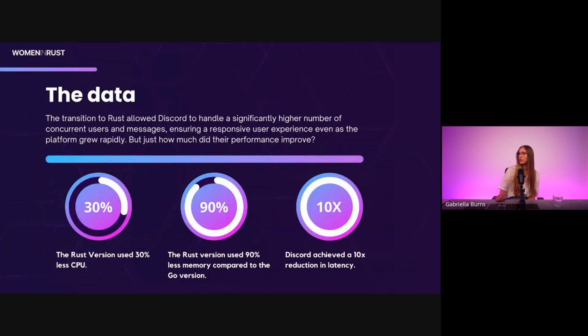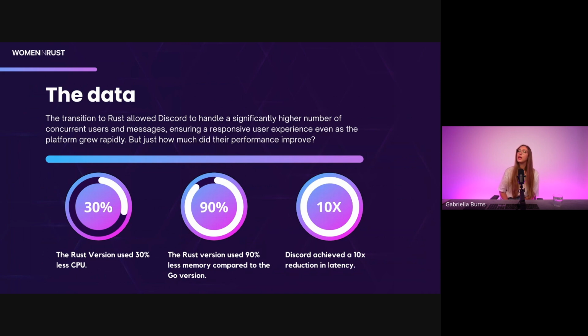Discord actually has some publicly available data on this. So they were able to handle a significantly higher number of concurrent users and messages. And that ensured a responsive user experience even as the platform grew rapidly.